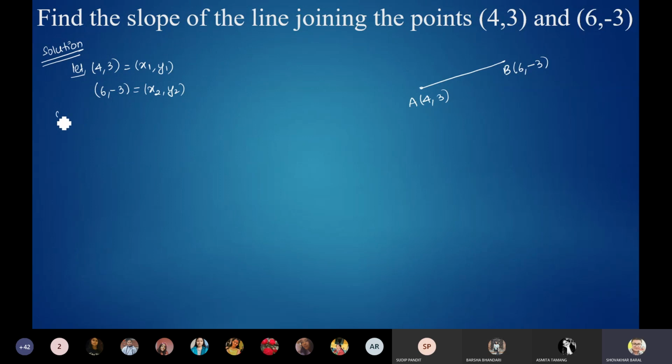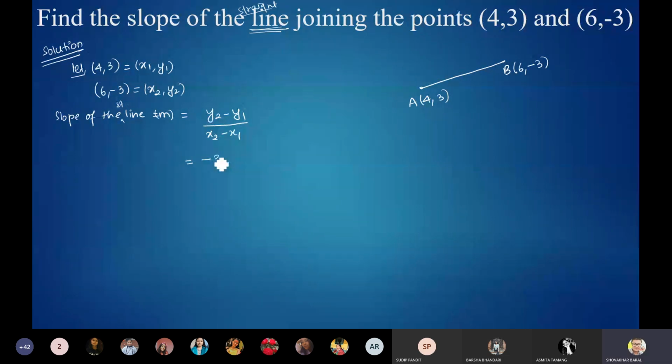Slope of the straight line, m is equal to (y2 minus y1) by (x2 minus x1). Okay, so let's replace the values.